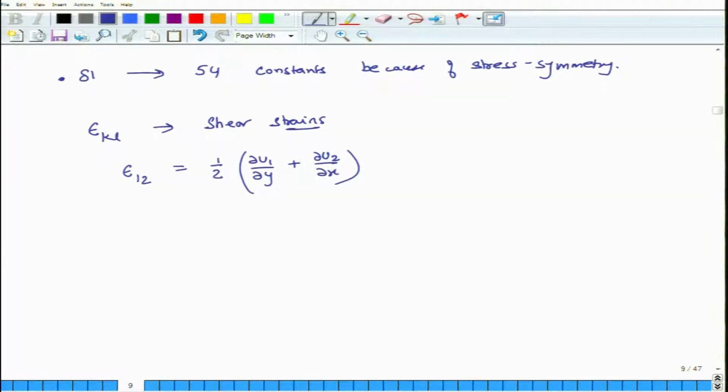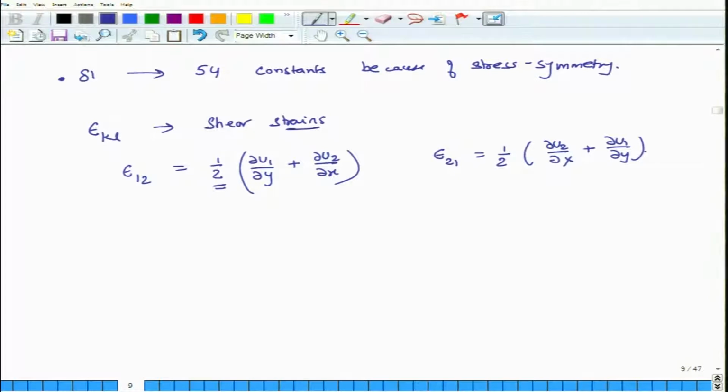In your engineering books this half may not be there, because there we may be talking about engineering strains, but shear strain is half of that. And epsilon 21 is half of del u2 over del x plus del u1 over del y.